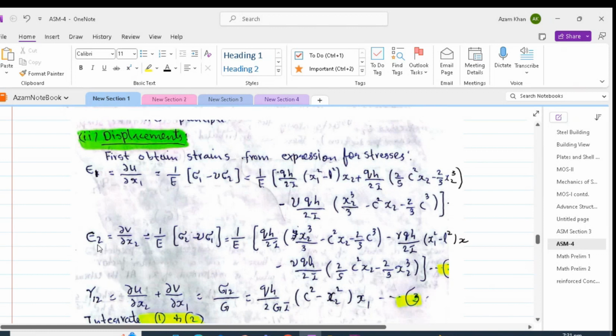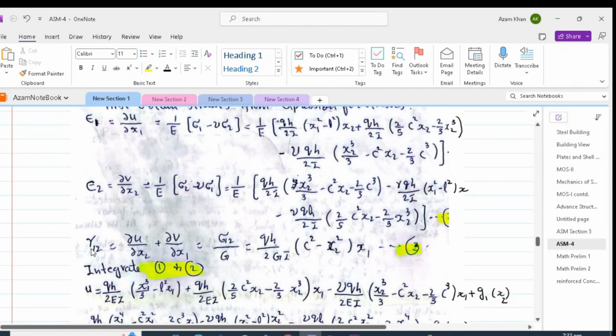Similarly, epsilon 2 is equal to partial v by partial x2, which is equal to 1 by E (sigma 2 minus nu sigma 1), which equals 1 by E times [qh by 2I (x2 cube by 3 minus c square x2 minus 2 by 3 c cube) minus nu qh by 2I (x1 square minus L square) times x2 minus nu qh by 2I (2 by 5 c square x2 minus 2 by 3 x2 cube)].